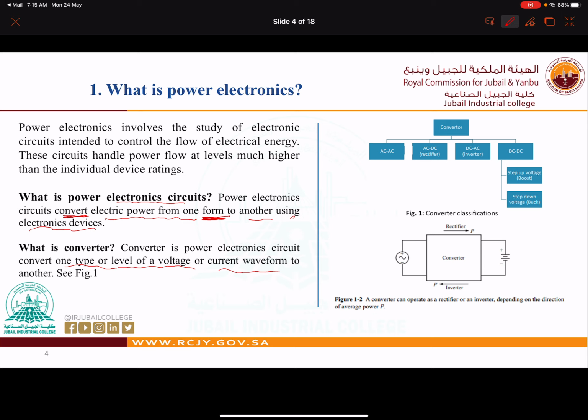But here in power electronics we are talking about the power diode. Now forget about the diode, now we are talking about the power diode. Why is that? Because it can handle much higher power.